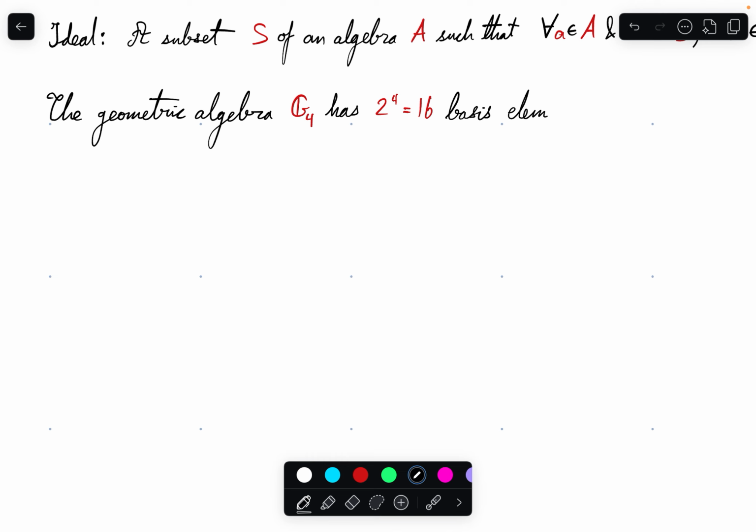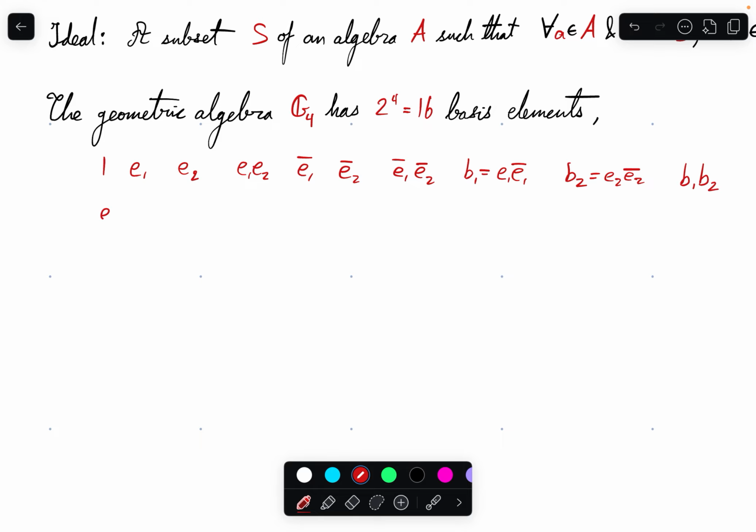And those are 1, E1, E2, E1 E2, E1 bar, E2 bar, E1 bar E2 bar, and then B1, which is equal to E1 E1 bar, B2, which is equal to E2 E2 bar, and then B1 B2, and the remaining products of E's and B's.